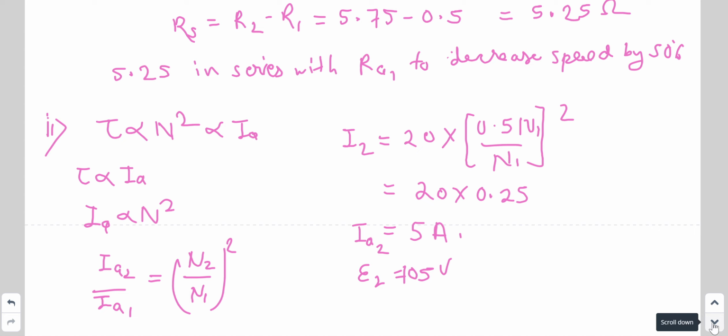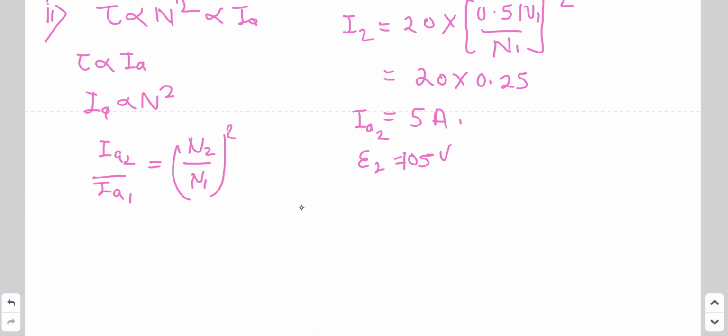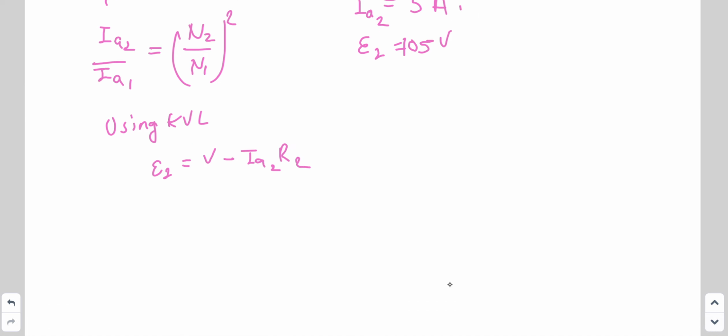Now we have to calculate the extra resistance that is connected to the armature circuit. So using KVL, E2 is equal to V minus Ia2 into R2. So E2, 105 volt, is equal to V, 220 volt, minus Ia2, 5 ampere, into R2.